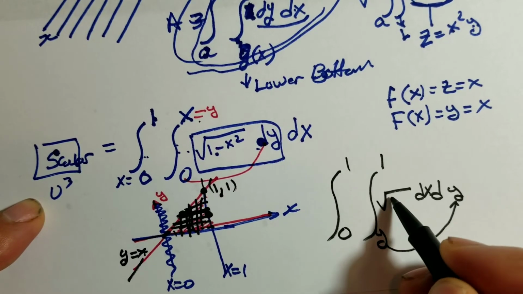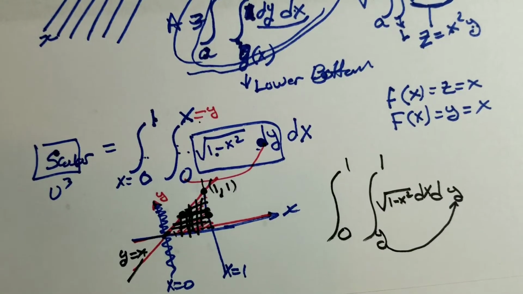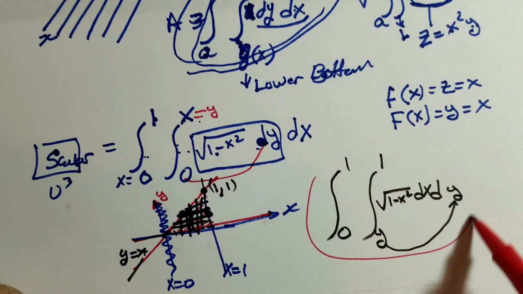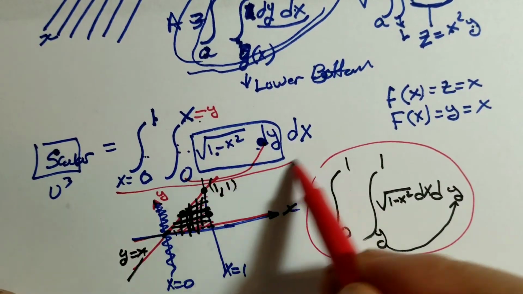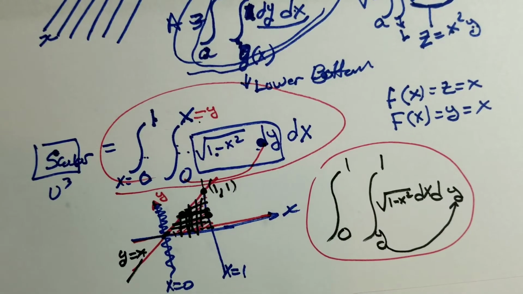And this one is going to become 1 minus x squared. I did change the order. And both of them should give you exactly the same answers.